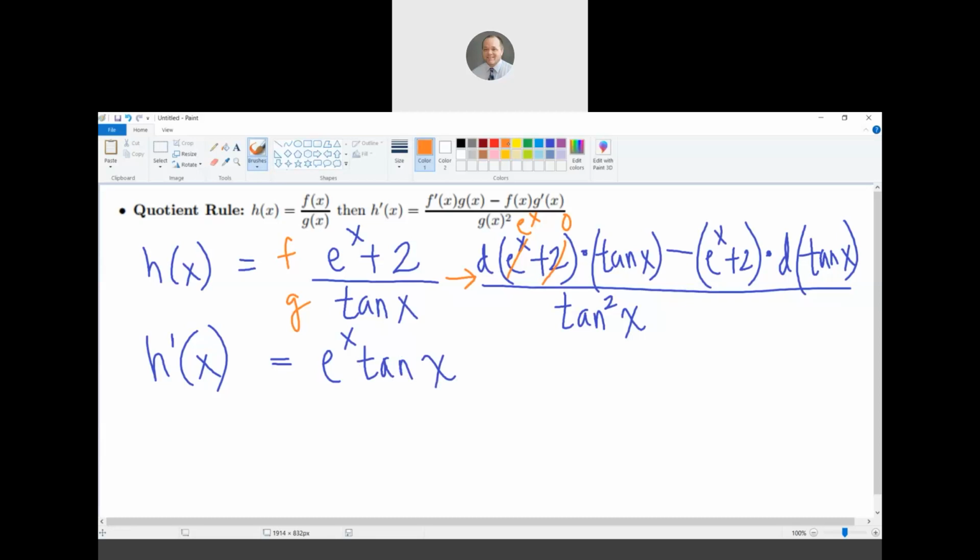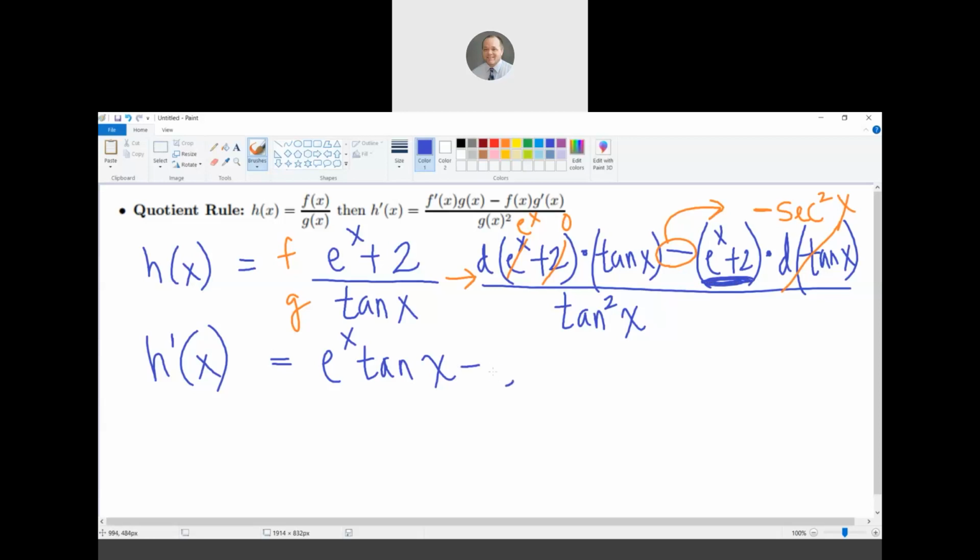Right over here at the end, the derivative of tangent is secant squared x. And I'm doing two things at once here. We have a negative sign, so that makes it a negative secant squared x. And I'm going to distribute that negative secant squared x times everything in parentheses here.